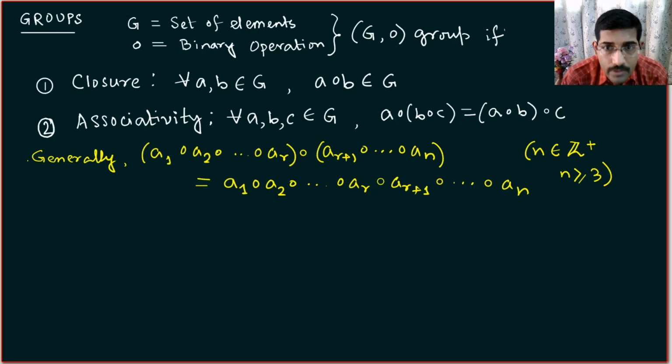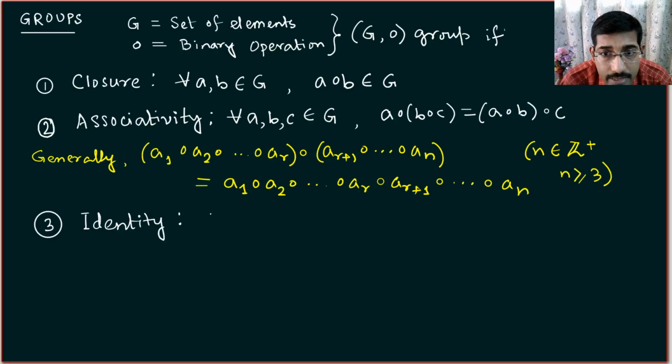So this is the general rule of associativity, which says that you can put the brackets and do the operations in any order. The third principle of having something as a group is the existence of an identity element. So what is an identity element?